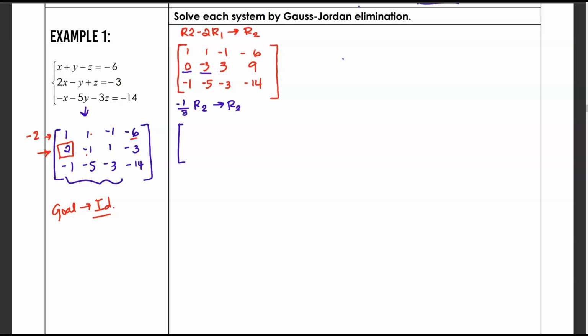Row 1 stays absolutely the same: 1, 1, negative 1, negative 6. Then we're going to get 0, 1. Negative 1/3 times 3 gives me a negative 1. Negative 1/3 times 9 gives me a negative 3. The last row stays the same: negative 1, negative 5, negative 3, and negative 14.